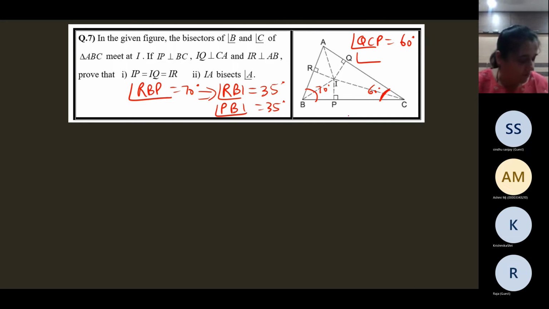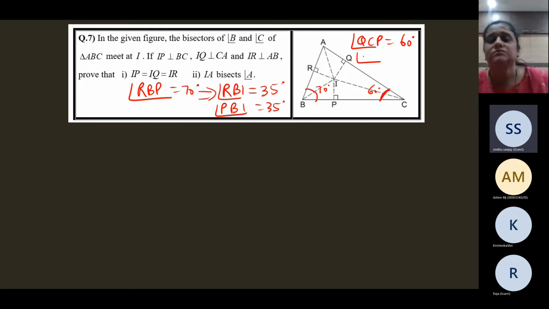Srijana, which are the two equal parts? Sanjay? QCI, ma'am, QCI equals 30 degrees and ICP equals 30 degrees, ma'am.